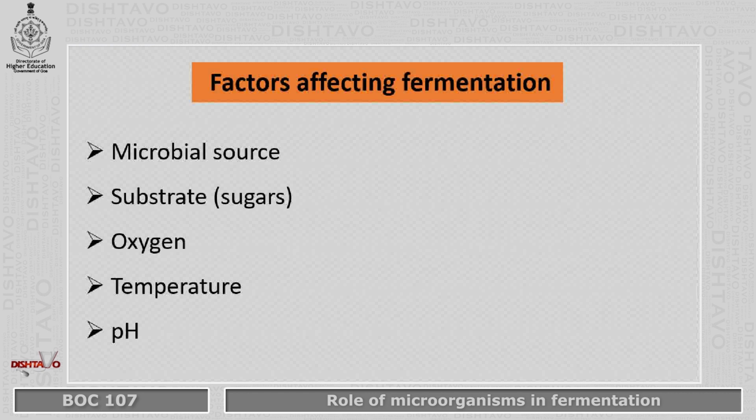If sugars are given directly, the fermentation will be faster. Whereas if polysaccharides are given, then there should be addition of more enzymes that will break the polysaccharides to simple sugars, thereby giving the desired product like alcohol and carbon dioxide.